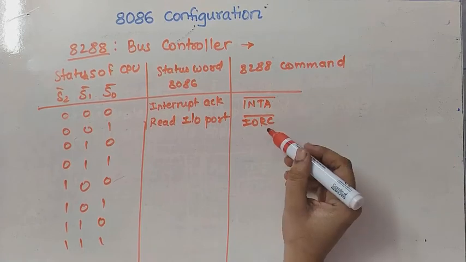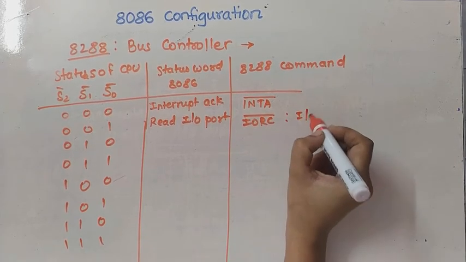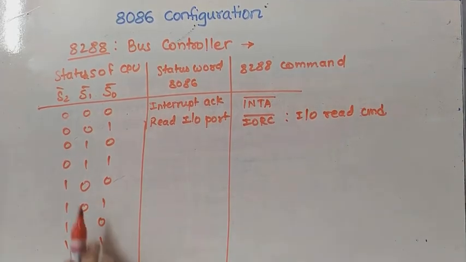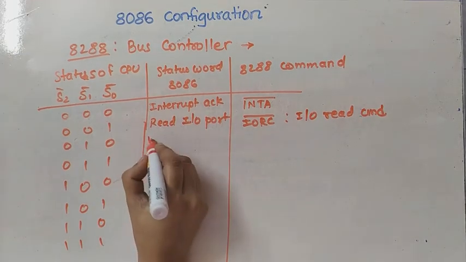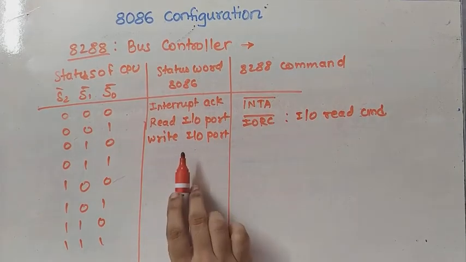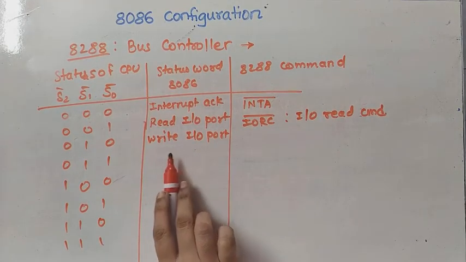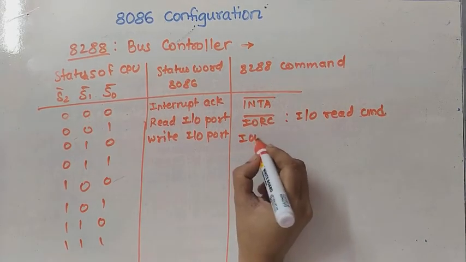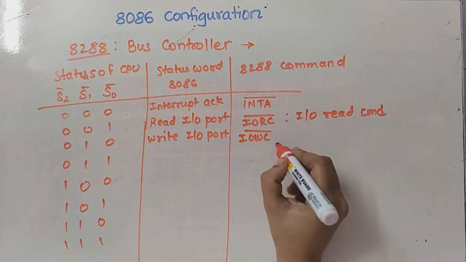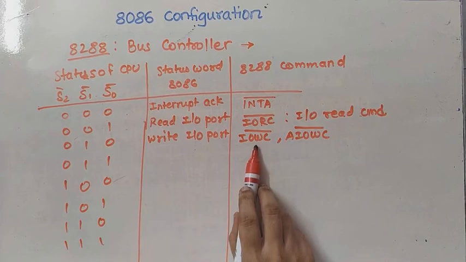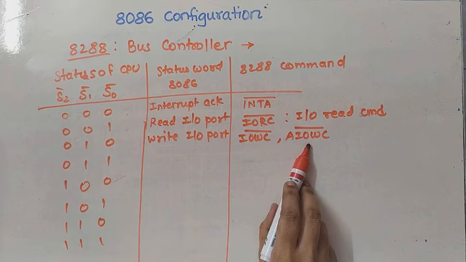For 010, it is the write IO port status word for 8086, and with respect to that the 8288 generates IOWC bar as well as AIOWC bar. So these are the input output write command and advanced input output write command.